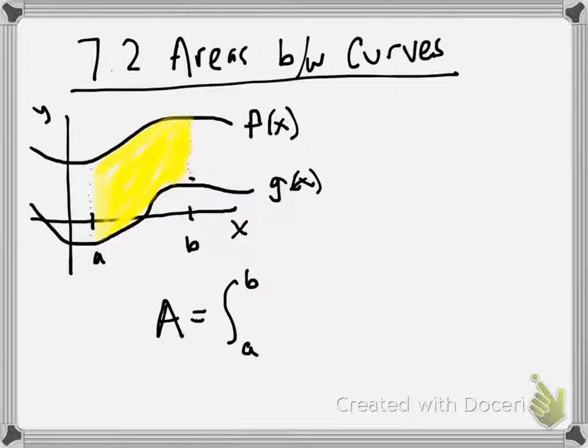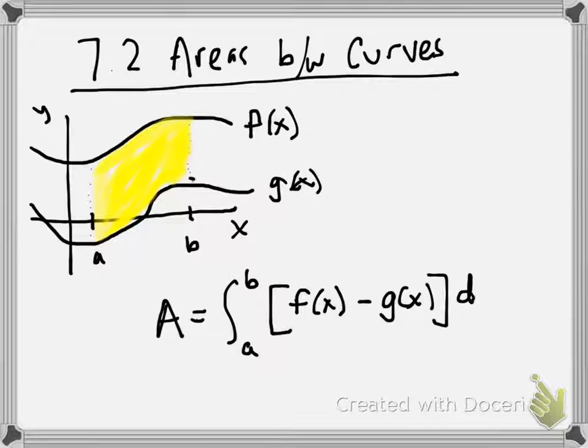And then we would simply be looking at the area where we subtracted function f of x, the top function, minus g of x, the bottom function, with respect to x. So again, it's whatever function is on top first, and then whatever one is on bottom is getting subtracted.